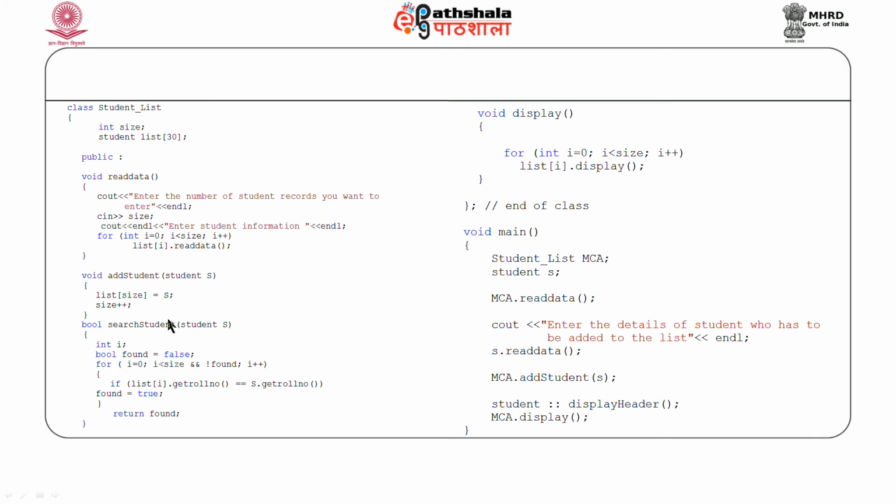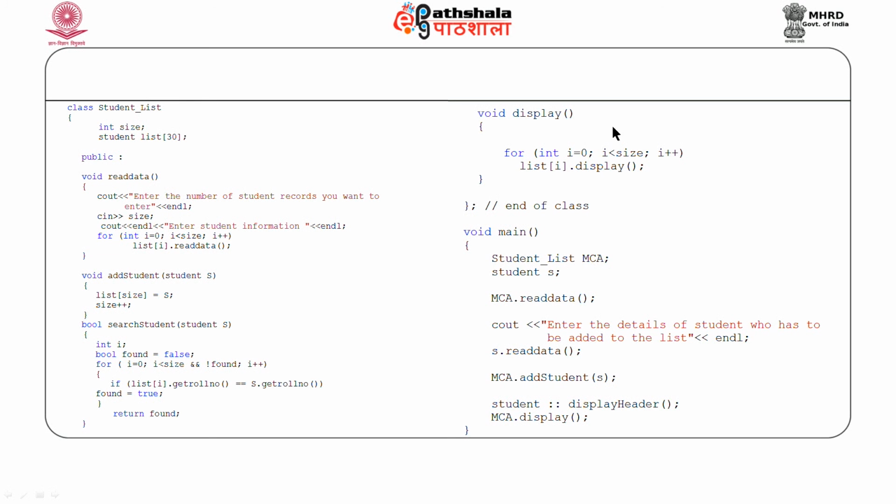Now, in this data type, we would like to define operations like add student, search student, display the student records, and so on and so forth.